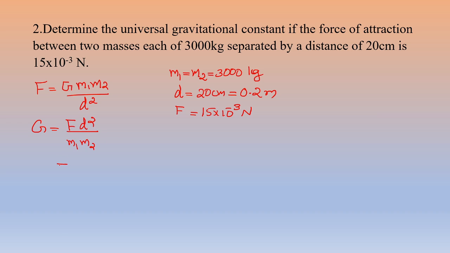Let us substitute all these values. That is 15 into 10 raised to negative 3, d square, that is 0.2 whole square, divided by 3000 into 3000.